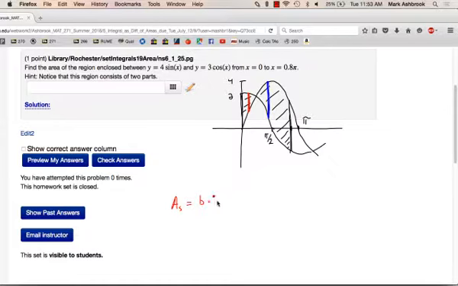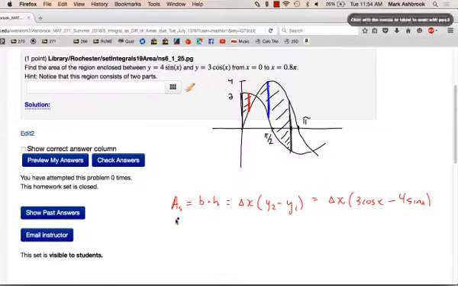Okay, so the red one, area of a typical strip, is going to be base times height. Base is delta x, height is change in y, y2 minus y1. In this case, what's y2? 3 cosine x. And y1? Typical strip, and that's from, and then we're going to find this x value of this intersection. We'll do that next.